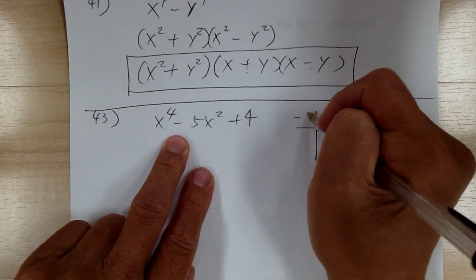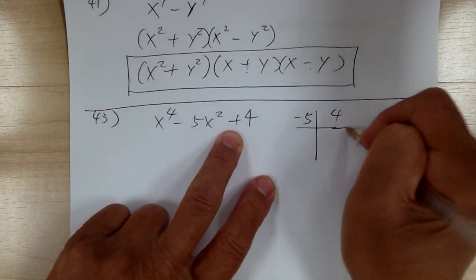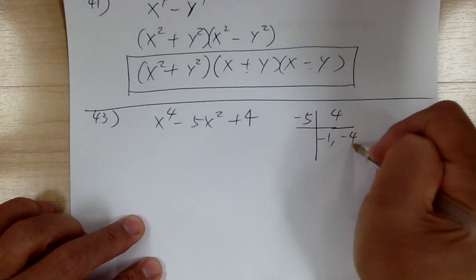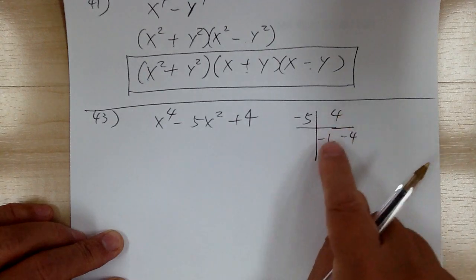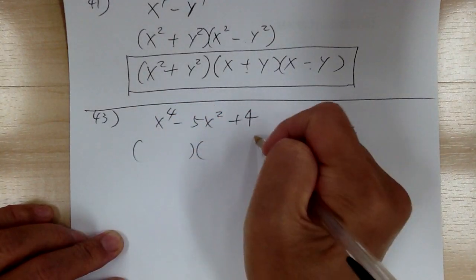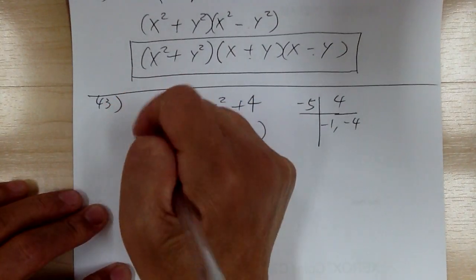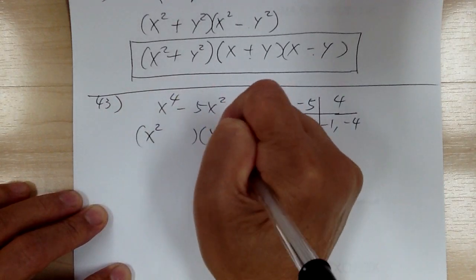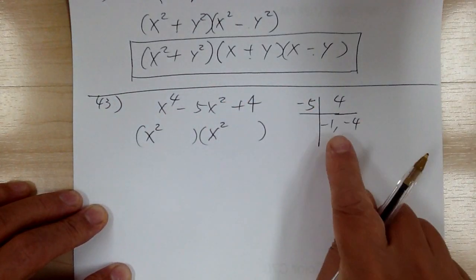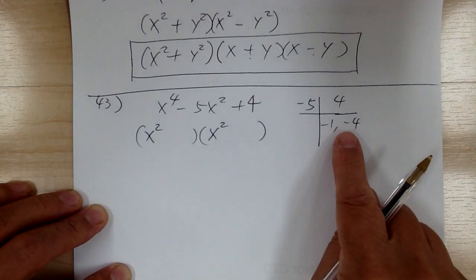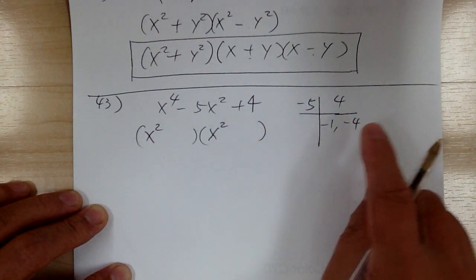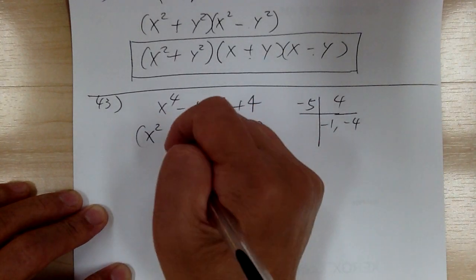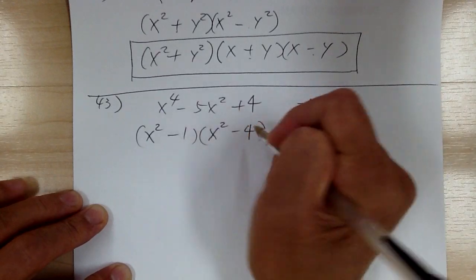So you're going to get negative 1 comma negative 4. Right? You can multiply, you get that, add, you get that. Okay, now when you're doing the x to the 4, you have to break into the x squared and x squared. Okay, and so there's no coefficient, so whatever you see is whatever you put down. Okay, so you're going to get minus 1, minus 4.